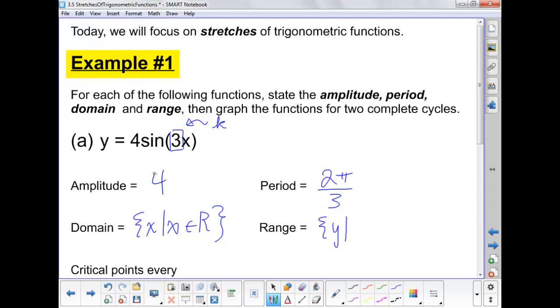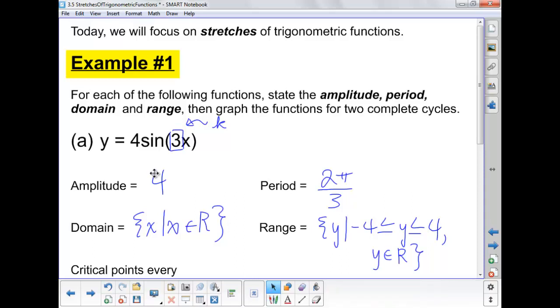So if I apply my amplitude, I have to go 4 units below that to be at my minimum. So that would put me at -4. And then for the maximum value, I actually need to be 4 units above the x-axis. So between -4 and +4, and I'll add here at the bottom, any value on that interval that is a real number would be acceptable.